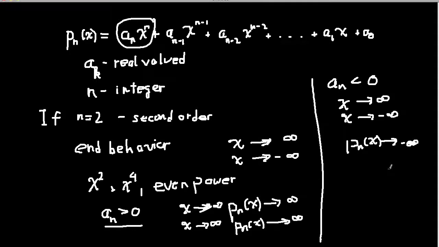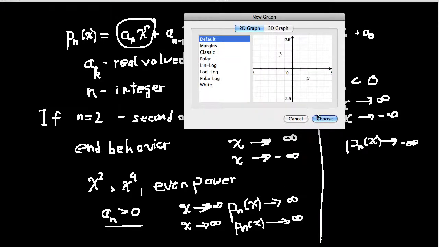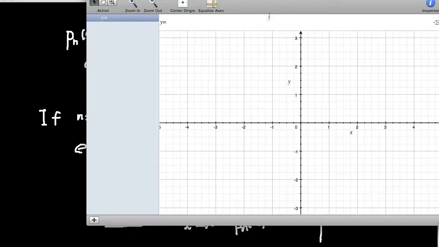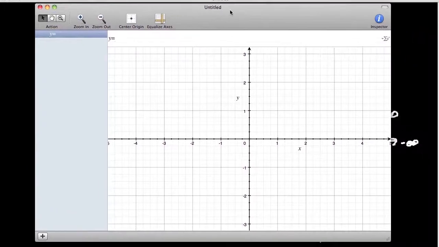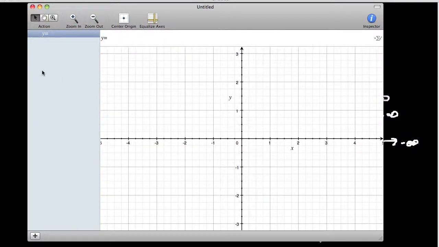Okay. So p sub n goes to negative infinity. So let me do some graphs that illustrate that point for you. Pull up my graphing calculator. Okay. So here we are with the graphing calculator. And let's take y equal to x to the fourth.